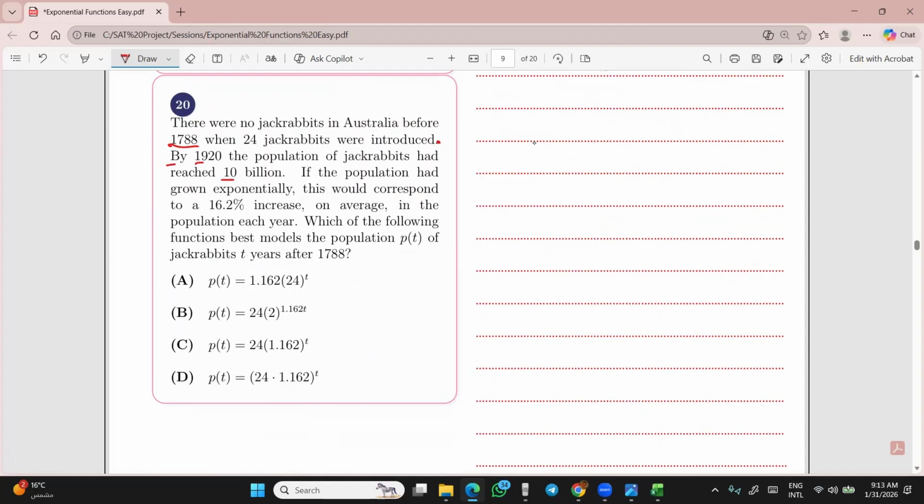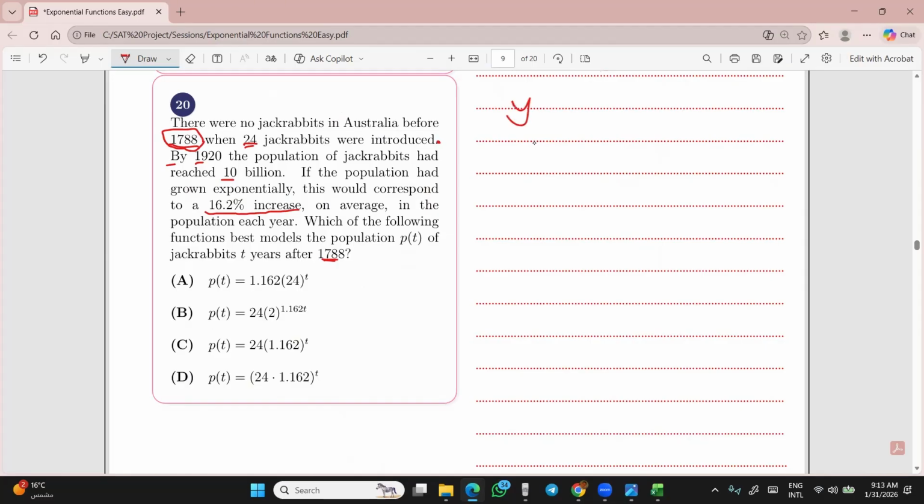If the population had grown exponentially, this would correspond to a 16.2% increase on average in the population each year. Which of the following functions best models the population of jackrabbits T years after this? T years means from 1788 as the initial starting point, and we had 24 in the beginning.